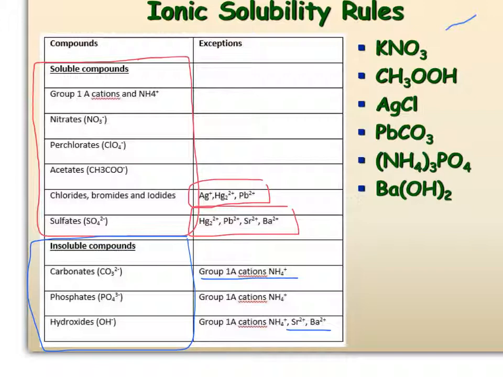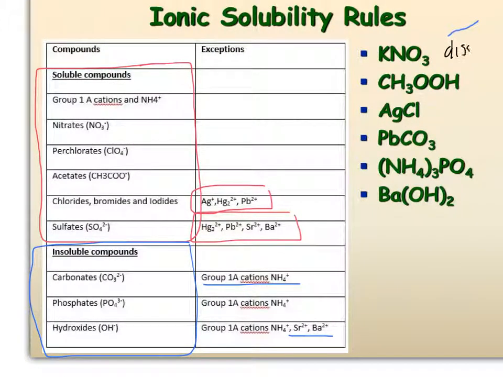So, KNO3. Based on that, there's 2 reasons why you would say that that should dissolve. It falls into group 1A, K does, and nitrate is on the list, and there's no exceptions for either of those. Next, CH3COOH, or acetic acid, it has acetate and then it's attached to hydrogen.